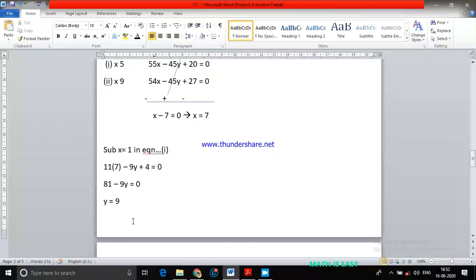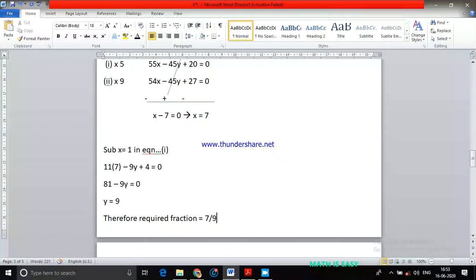So after getting x is 7, y is 9, therefore the required fraction will be equals to x upon y, right? x upon y means 7 upon 9.